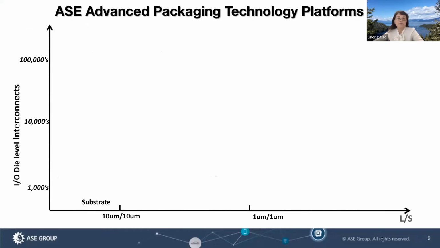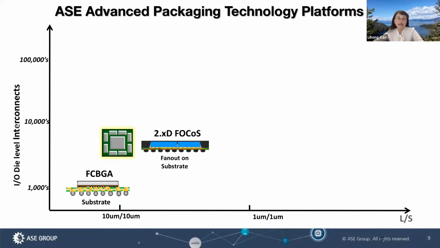In ASE, we provide an advanced packaging platform with a wide portfolio, from FCBGA with low to medium I/O count, with the substrate copper interconnect line spacing from 35 by 35 micron down to currently 12 by 9 micron, to high I/O interconnect density called 2.1D, or people call 2.xD.